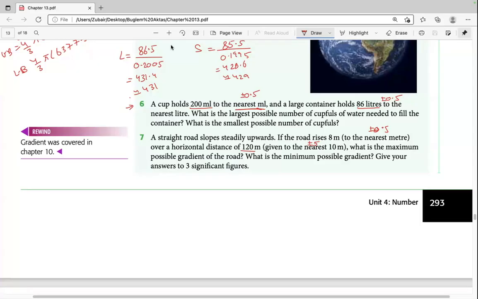Wait, the formula for gradient was the highest and then the lowest. Gradient was rise over run.